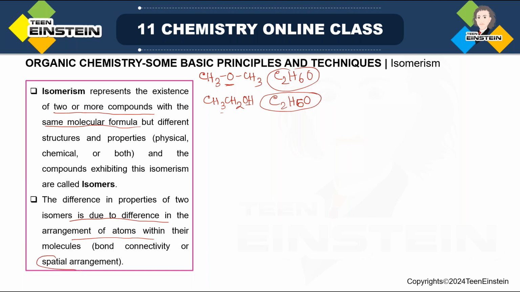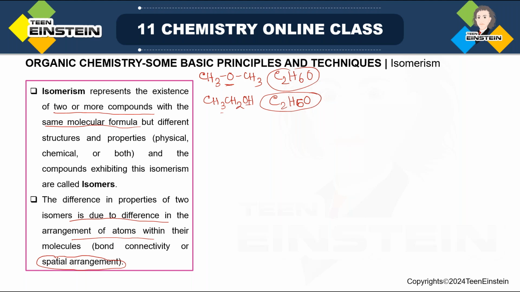Another term you are also seeing here, though right now you will not be able to understand it. To understand it, you need actual examples, and we will discuss it later. So spatial arrangement, that means 3-dimensional arrangement. If we want to understand the spatial arrangement difference between 2 molecules, obviously you have to imagine the molecules 3-dimensionally, because the difference is in spatial arrangement. There is no difference in bonding connectivity.